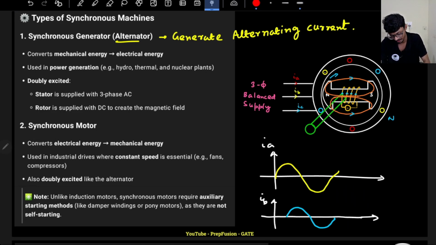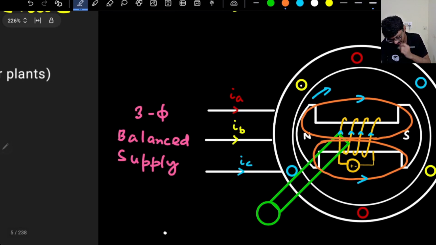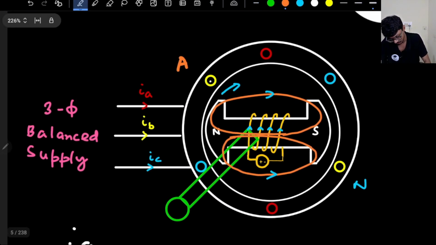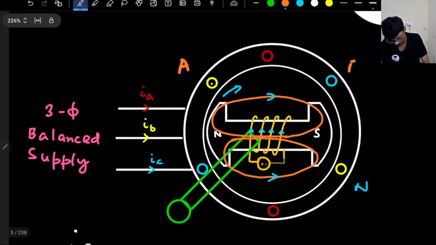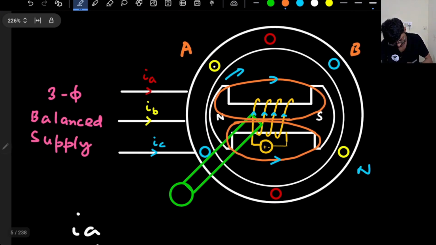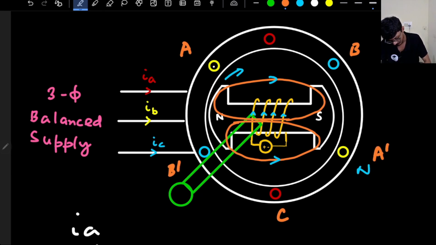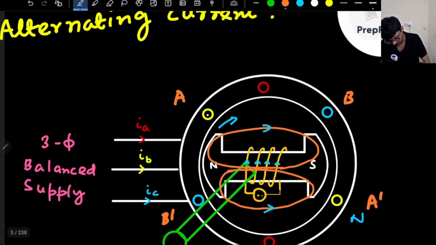So let's assume current is positive, and let's assume this is A coil, this is B coil, and this is C coil. So this will be A dash, this will be B dash, and this will be C dash.